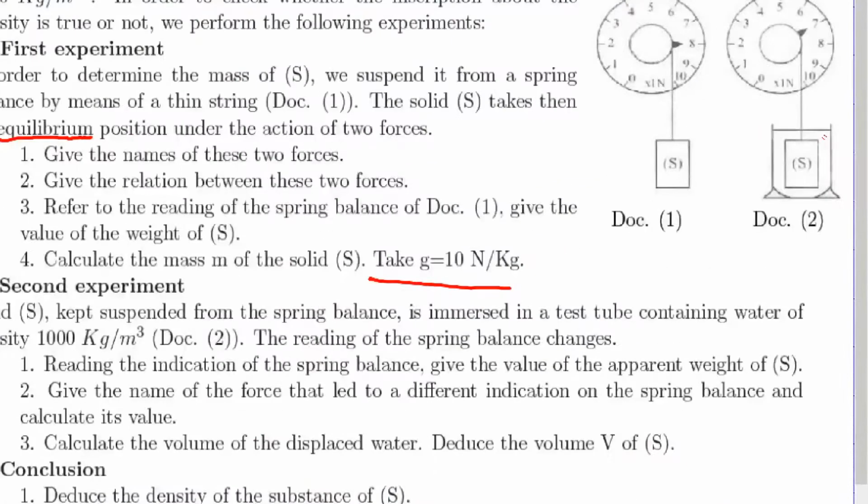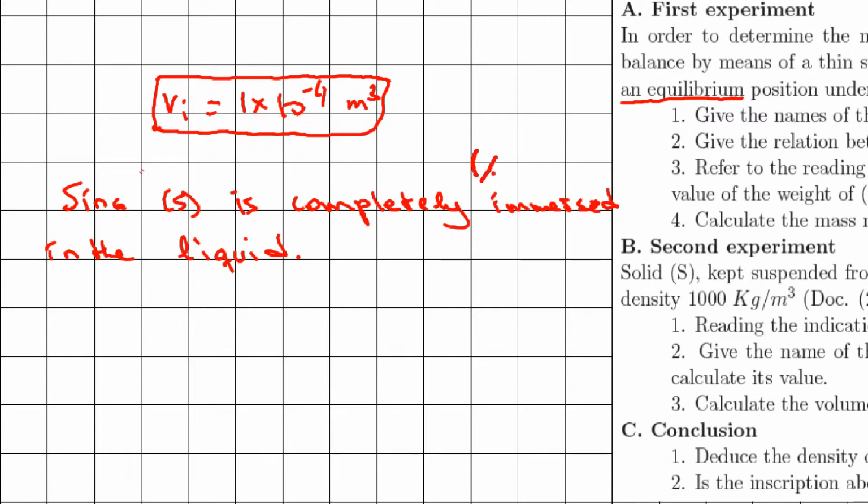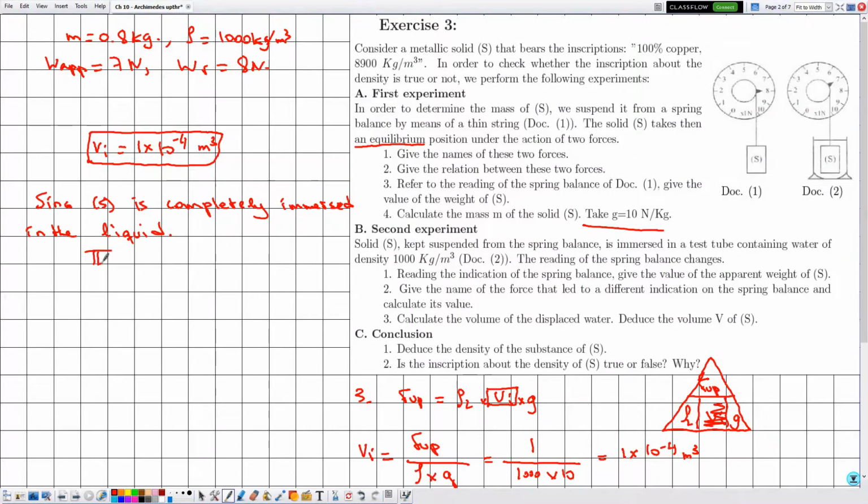Because the solid S is completely immersed in the liquid, this is the immersed volume, so it will be equal to the volume V of S. So in this case, let's say since S is completely immersed in the liquid, so usually they give half a mark for this statement, then V is equal to VI is equal to 1 times 10 to the power minus 4 meter cube.